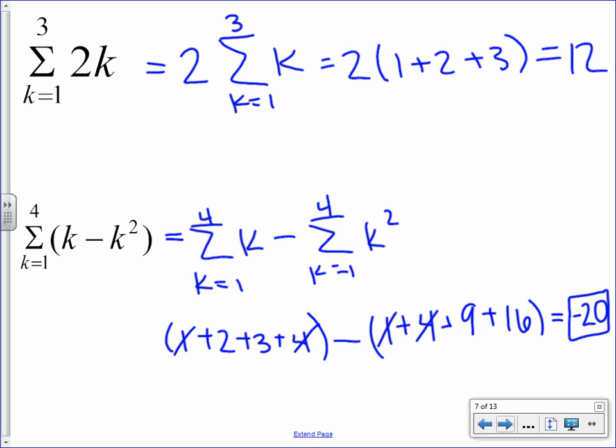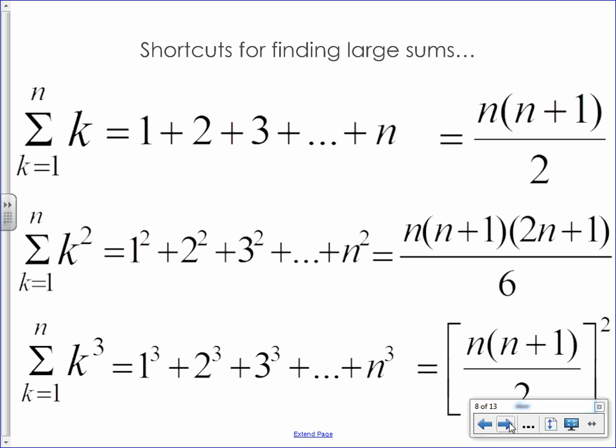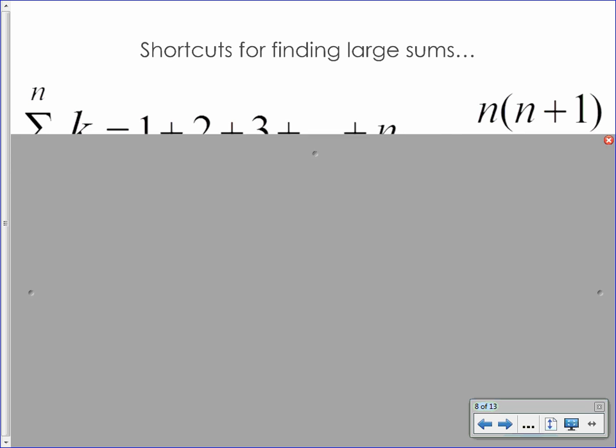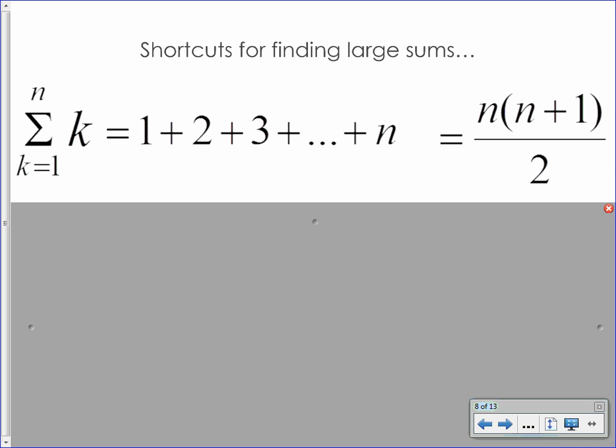I would give you the sum of a sequence, and you had to prove that it equals something. This is something that I know you proved last year: that 1 plus 2 plus 3 plus dot dot dot plus all the way to n equals n times n plus 1 over 2. Now we're not going to prove those because we did that last year. But it's a true statement. We're going to remember it.